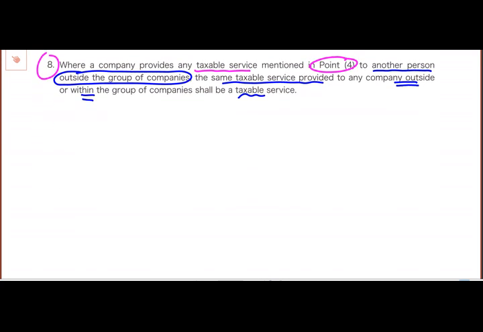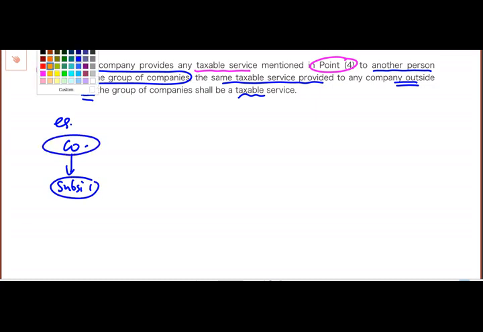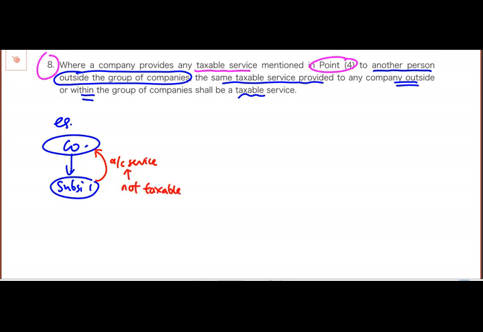Take an example. Let's say a company and sub-C 1 offer accounting service, and that's it, only in the group, not to outsiders. Now, this is not taxable.